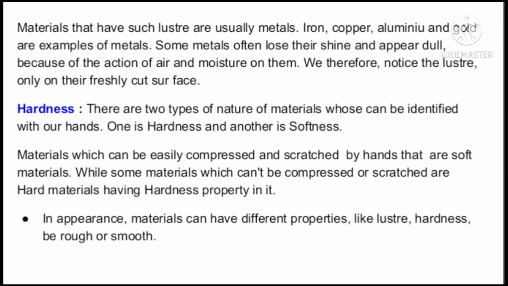Materials which can be easily compressed and scratched by hand are soft materials. On the other hand, materials which can't be compressed or scratched are hard materials, having the hardness property in them.